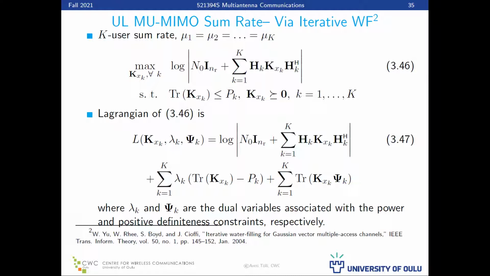For the scalar constraints, we have just the scalar lambda k. Before we go there, we can rewrite the sum rate expression.